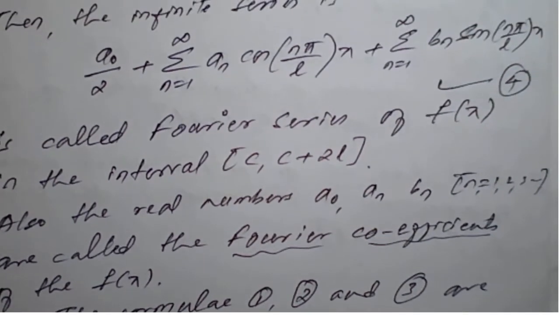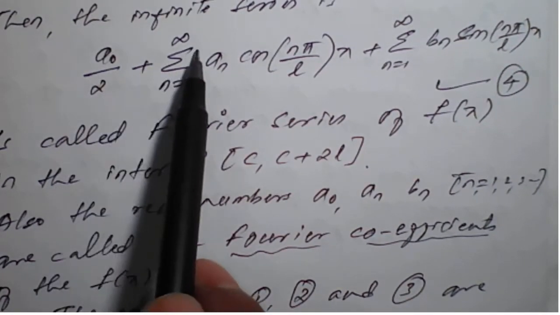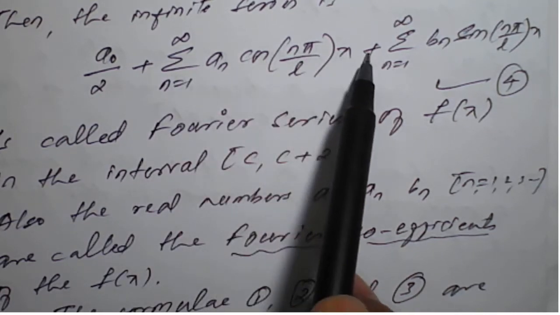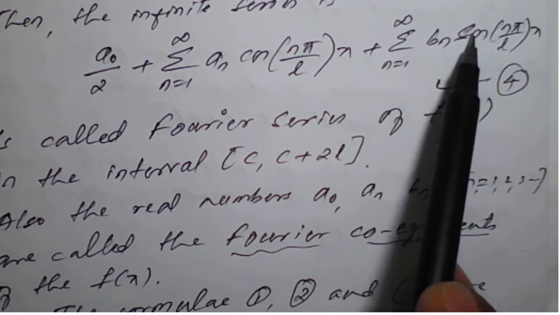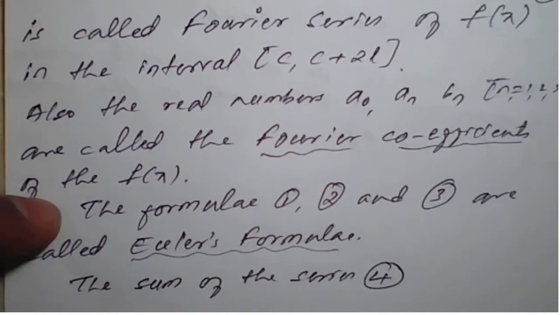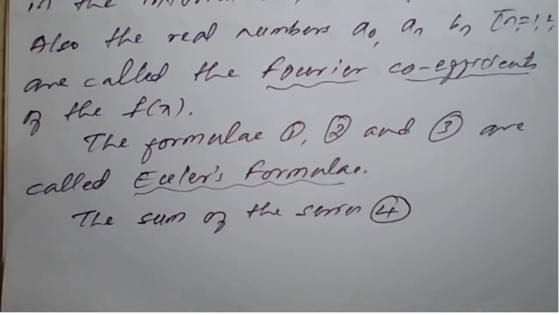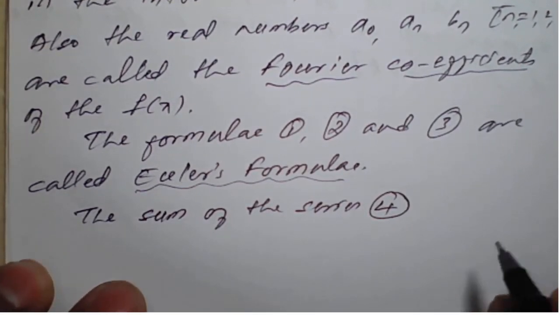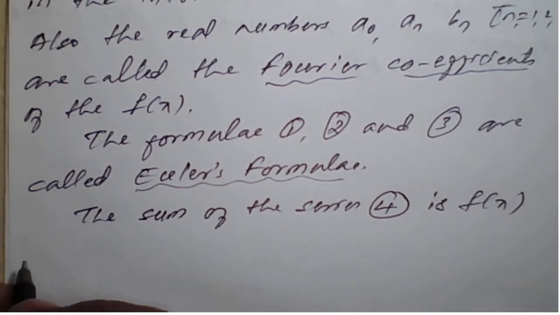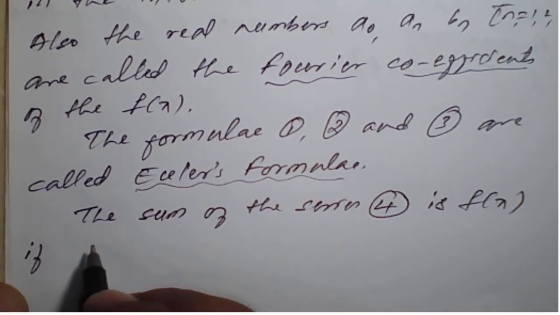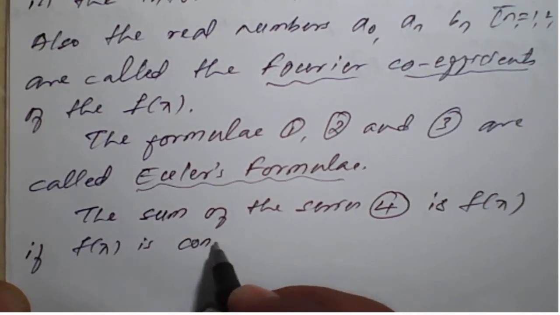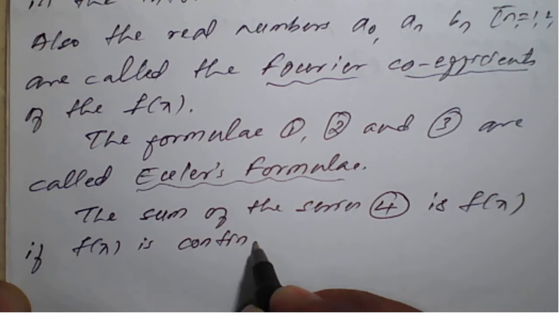Result number 4: a naught by 2 plus summation n from 1 to infinity a n cos n pi upon l into x plus summation n from 1 to infinity b n into sine of n pi upon l into x. The sum of the series 4 is the function f of x if f of x is continuous. This is very important.